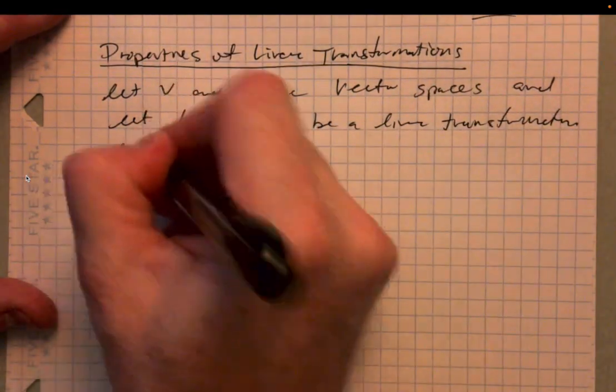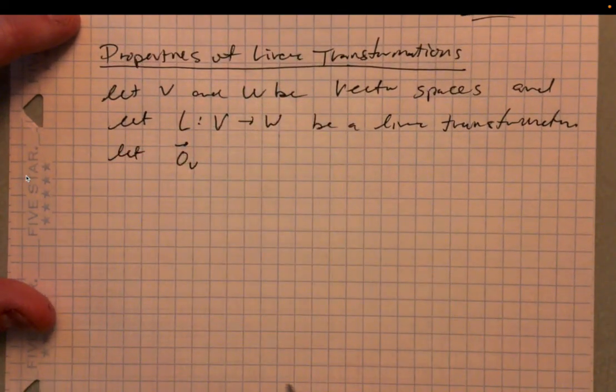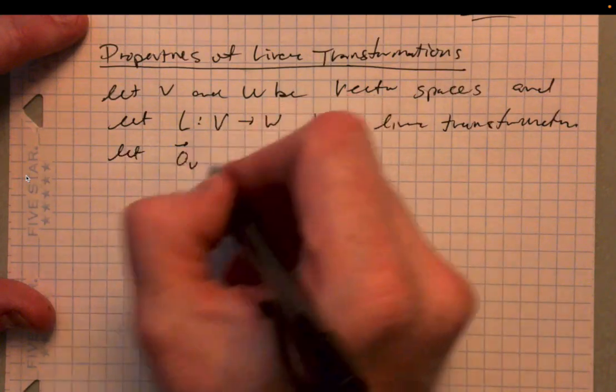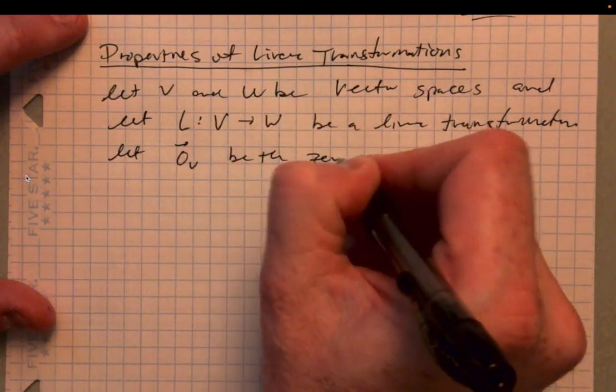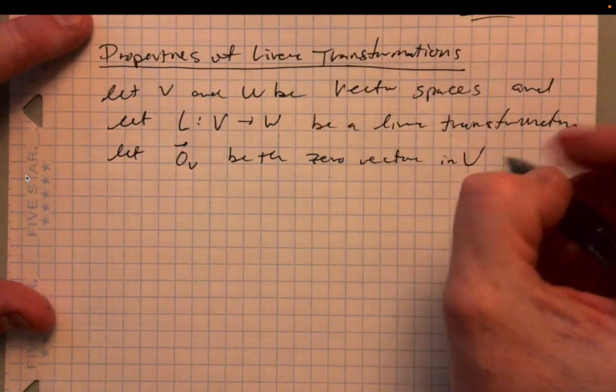And then we're going to let the zero vector of V be denoted like this, and we're going to denote the zero vector in W also.